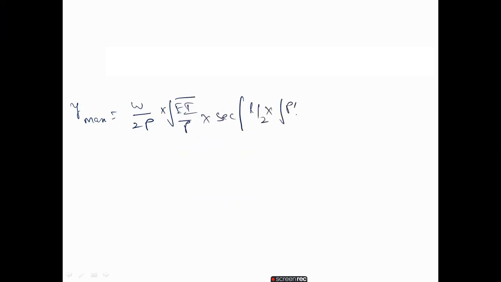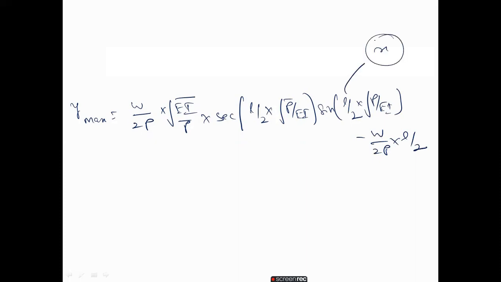So now I will write y max equal to W by 2P into square root of EI by P into secant of L by 2 square root of P by EI, sine of L by 2 square root of P by EI, minus W by 2P into L by 2.